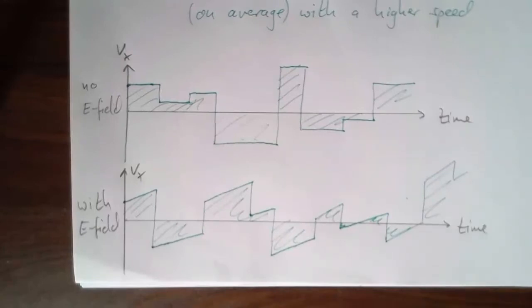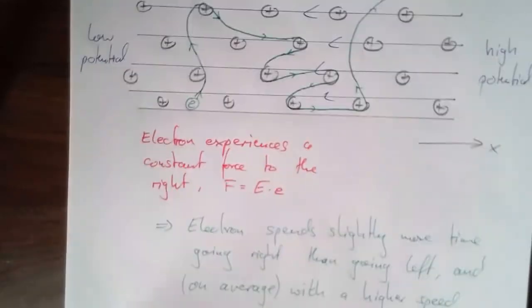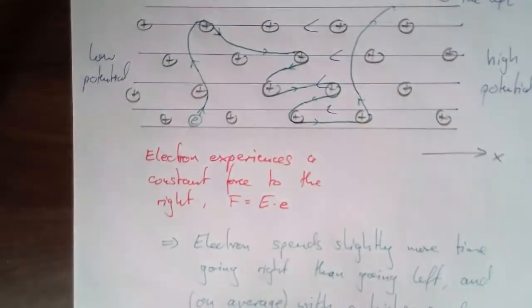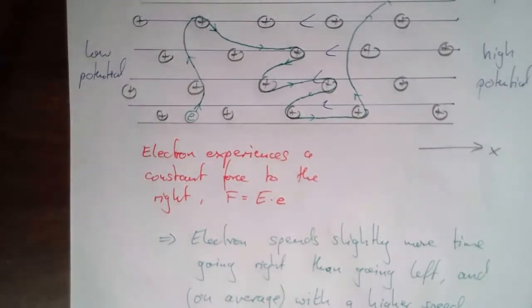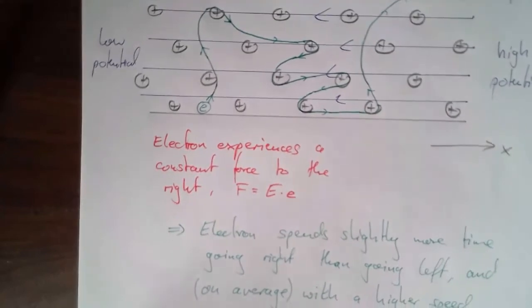And that is how you get an overall motion of the electrons to the right. So we get what's called a drift speed. Let's be a bit more mathematical and try to figure out what that drift speed actually is.